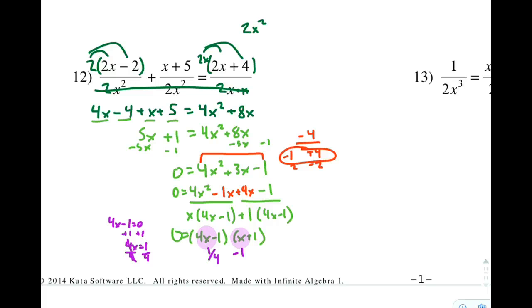The part that might be a little frustrating at this point is we don't know if these answers are for sure going to work. There's a possibility that these answers are no good. We need to plug them back into the original problem to make sure.